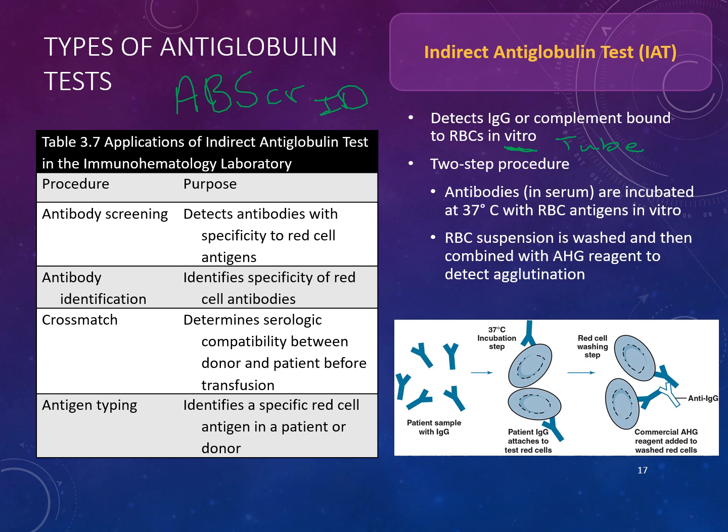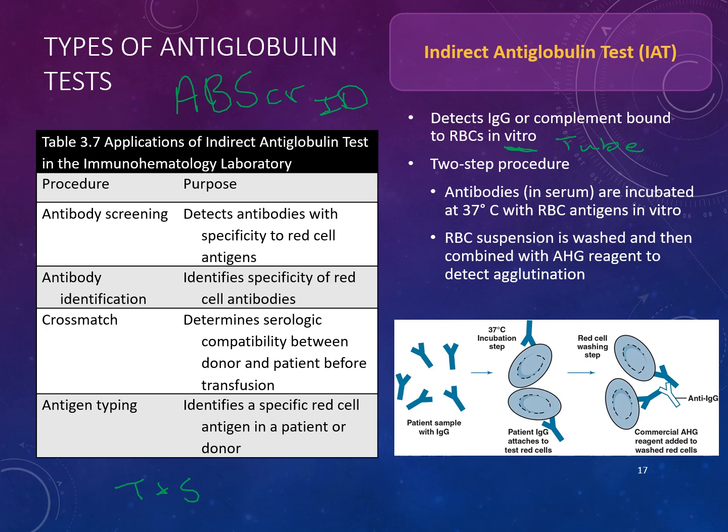We are looking for some sort of indirect coating from those antibodies on those red blood cells. If a physician calls down and says, I need you to do a direct and an indirect antiglobulin test, typically you've already done a type and screen, so that antibody screen is in that type and screen.